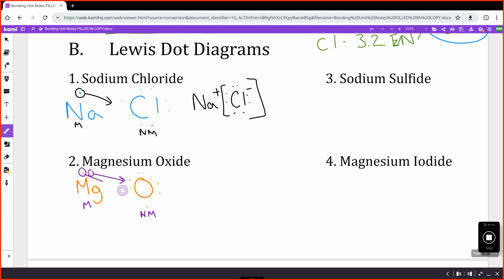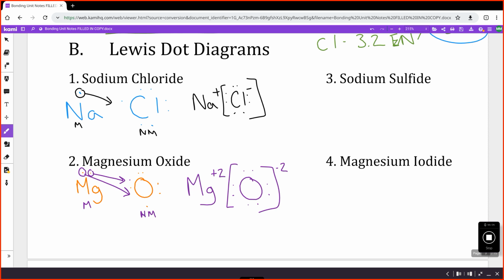So in our heads, we are also going to move a second one over. And by doing so, we've completely emptied the metal of all of its electrons. So magnesium had 2 electrons, and it lost both of them, leaving it with no valence electrons and a +2 charge. The oxygen gained 2 electrons, filled up its outer shell, and is now a -2 charge. This is the ionic bond between magnesium and oxygen.